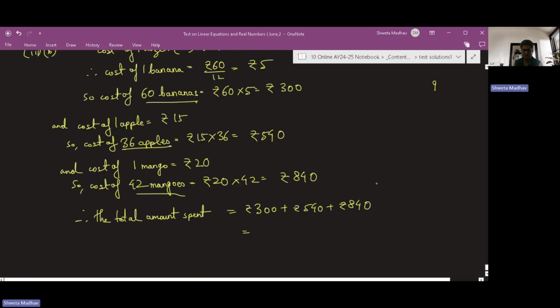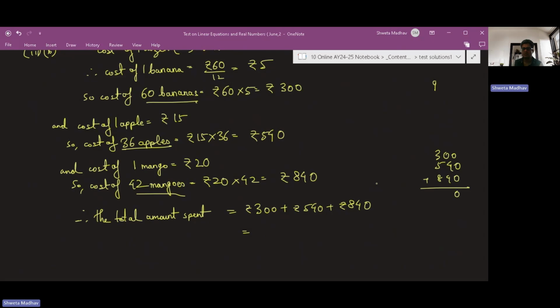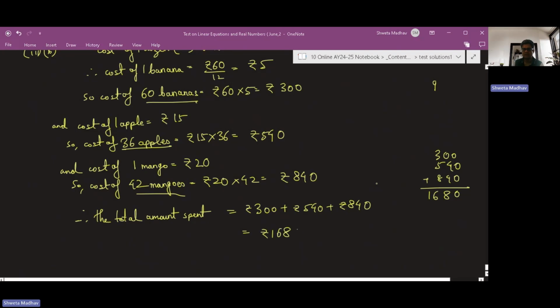If we add them, 0, 4 plus 4 is 8, and 8 plus 8 is 16. So rupees 1680. So this is the answer.